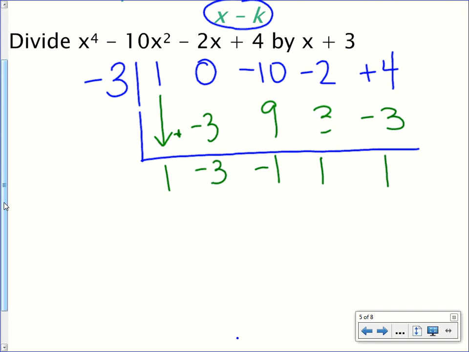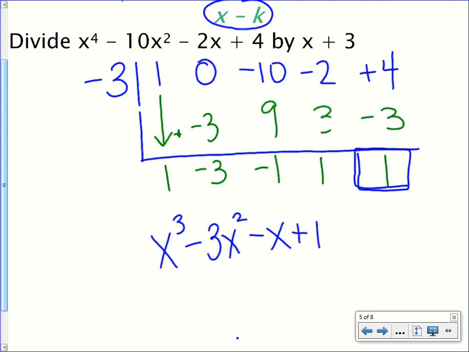So this 1 right here in our quotient stands for 1x cubed minus 3x squared minus x plus 1. Your last number in your synthetic division is your remainder. So we have a remainder of 1, so we will add it over our divisor.